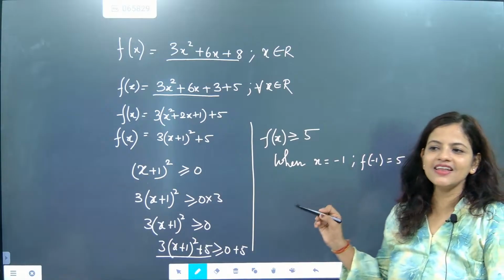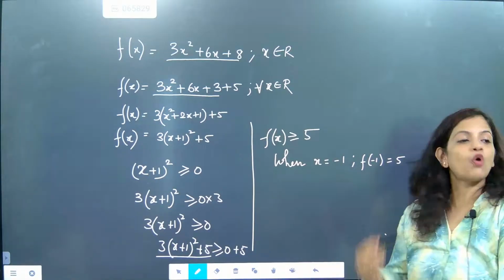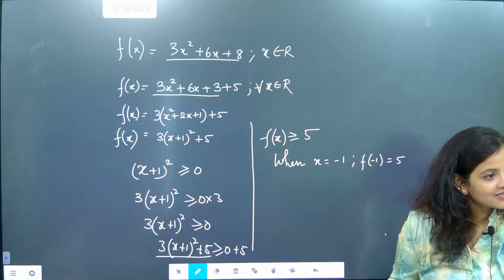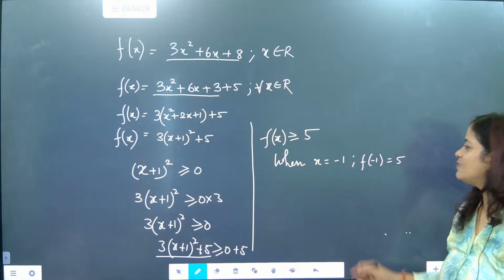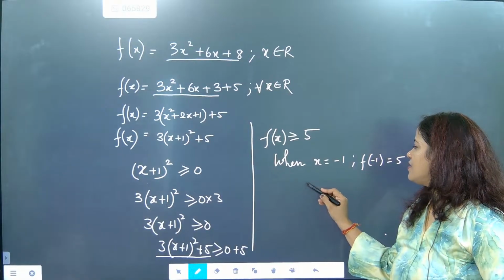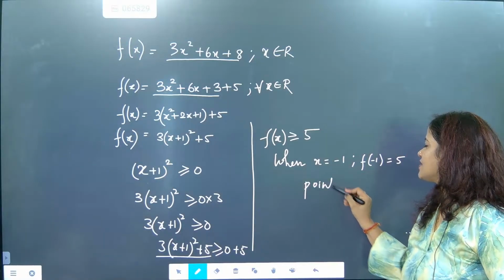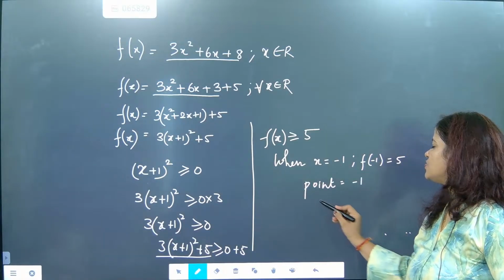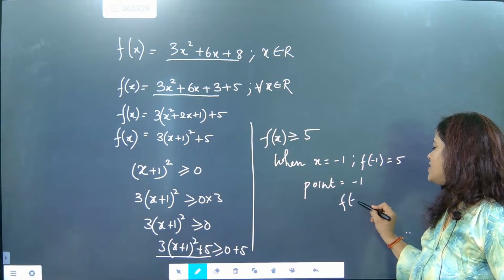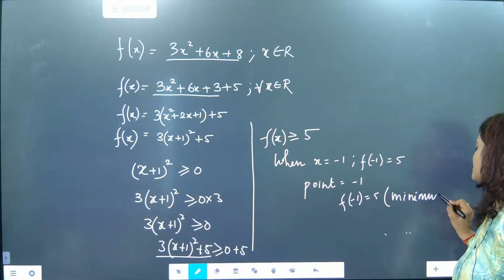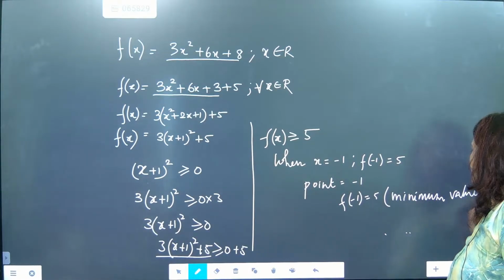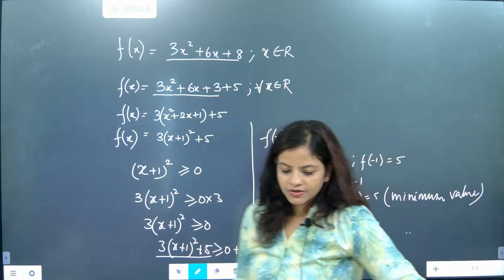So the point of minimum value is c, and the c value here is minus 1. Understood, beta? So here the point is minus 1, and f of minus 1 is 5. This is the minimum value. Bingo.